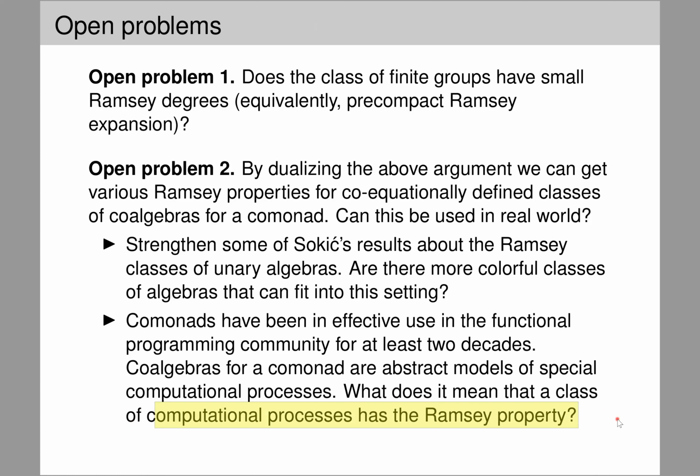This is also a thing I've been thinking about lately, and I believe that maybe there should be some deep connection between the Ramsey property and computational properties that can be expressed in this language of coalgebras for a comonad, but this is not in the near future.